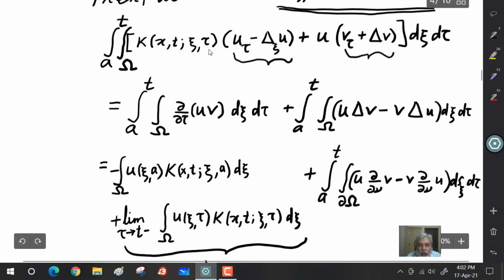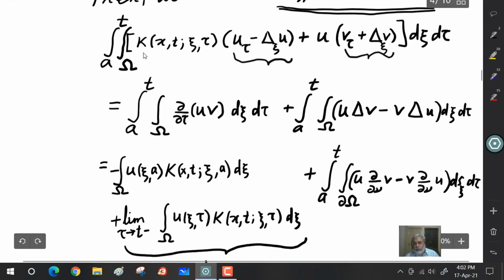The other part is u Laplacian v minus v Laplacian u. I have now omitted that xi variable, but you should keep that in mind.